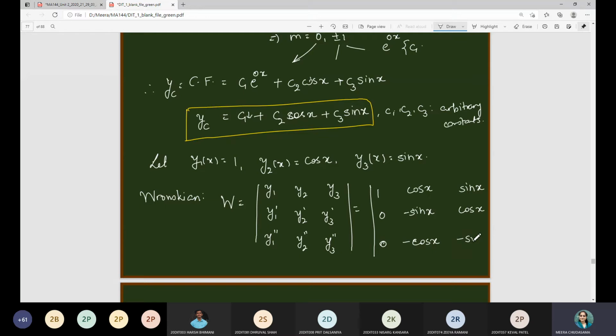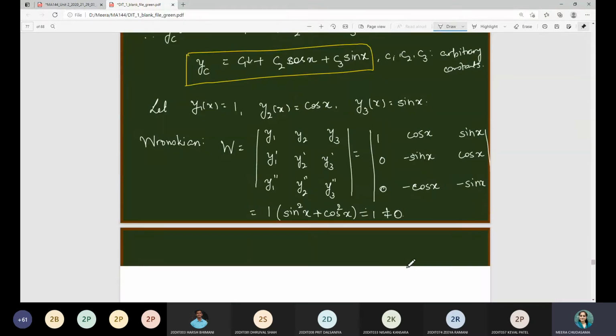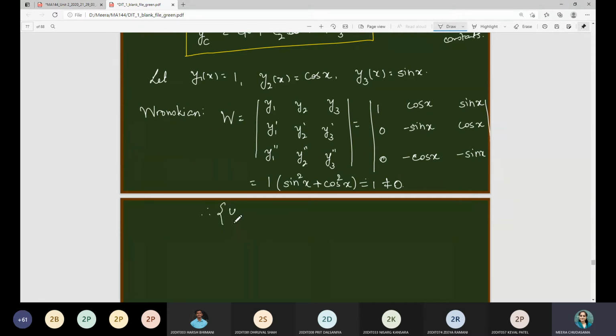When you solve it, it is 1 into (sin square x plus cos square x), which is always 1, which is different from 0. Therefore y1, y2, y3 are linearly independent.